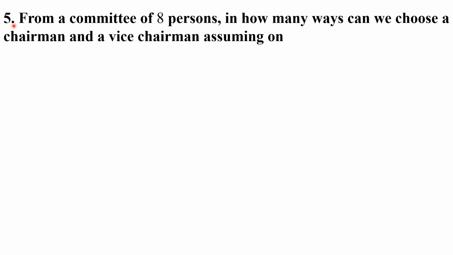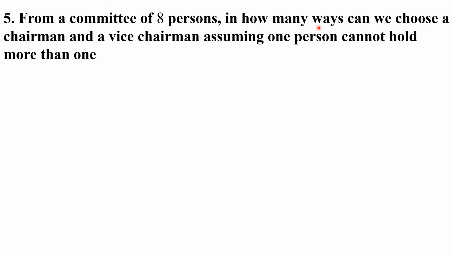Now come to question number 5. There are 8 persons in a committee. In how many ways can we choose a chairman and a vice chairman, assuming one person cannot hold more than one position? Here there are two positions, namely chairman and vice chairman.